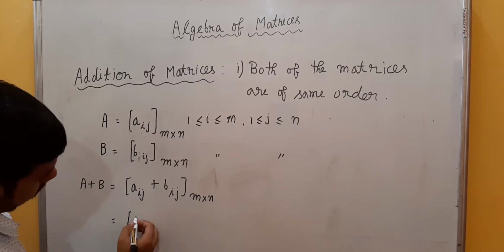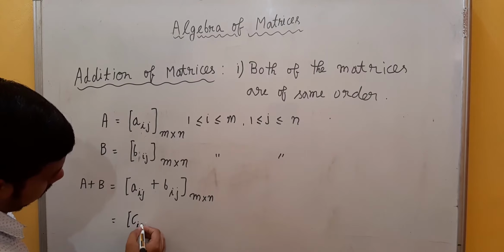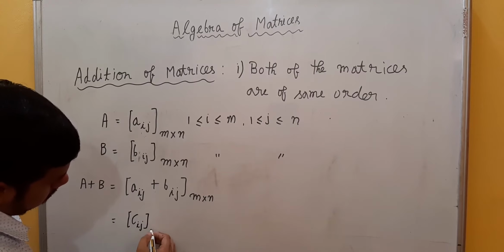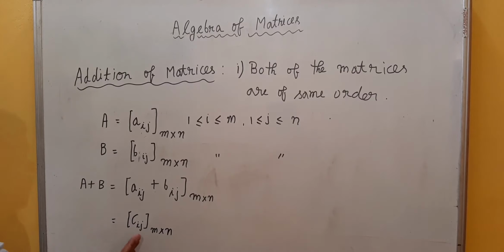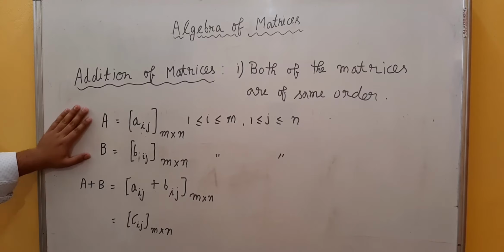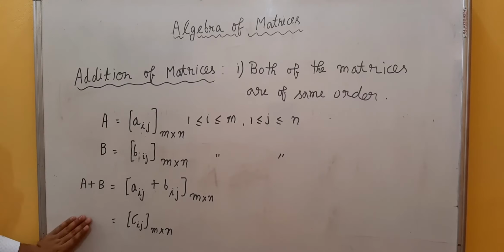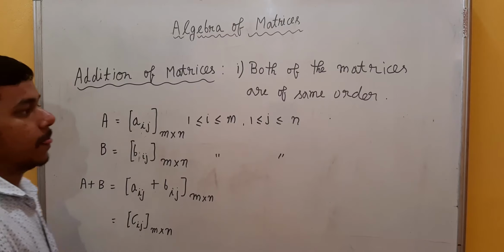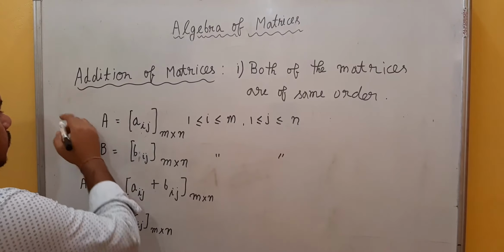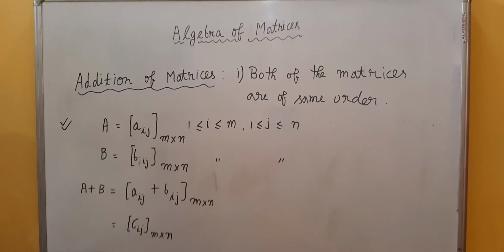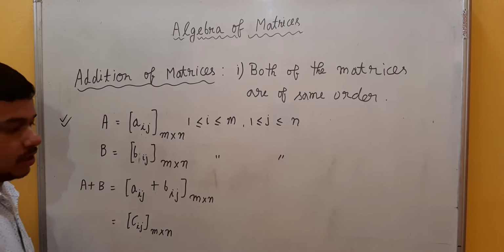And let us suppose that aij plus bij is equal to cij, then it is again a matrix of order m cross n. This is how we generally denote the addition of the matrix. To prove the different properties of the addition, we will use this definition. So kindly note down this definition.